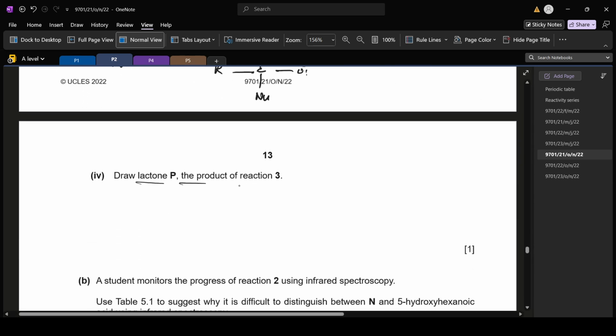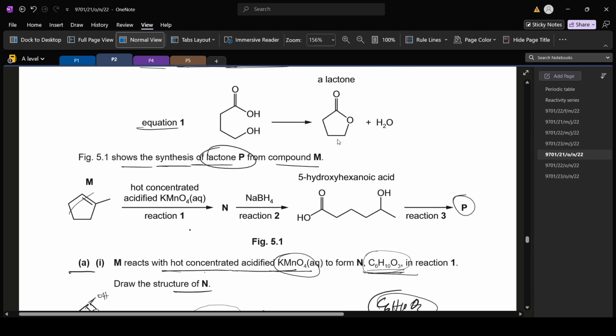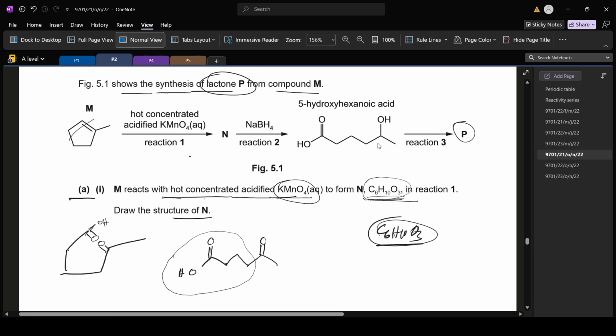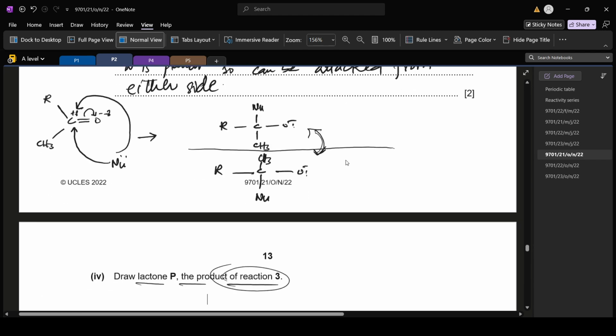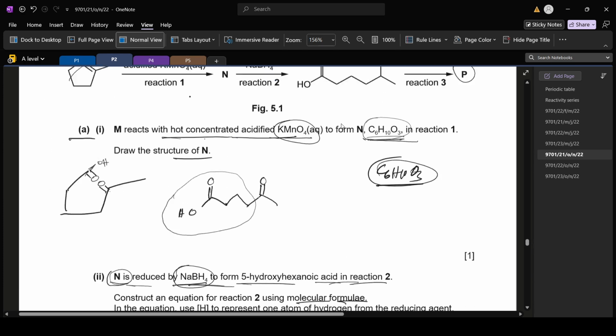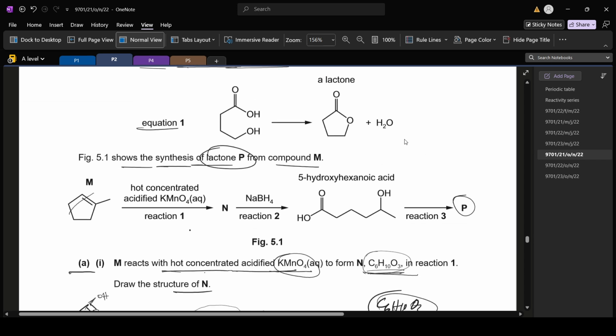Draw lactone P, the product of reaction 3. So this is lactone P. You have a 6 carbon chain: 1, 2, 3, 4, 5, 6. Let's first draw this 5-hydroxyl in a ring shape.